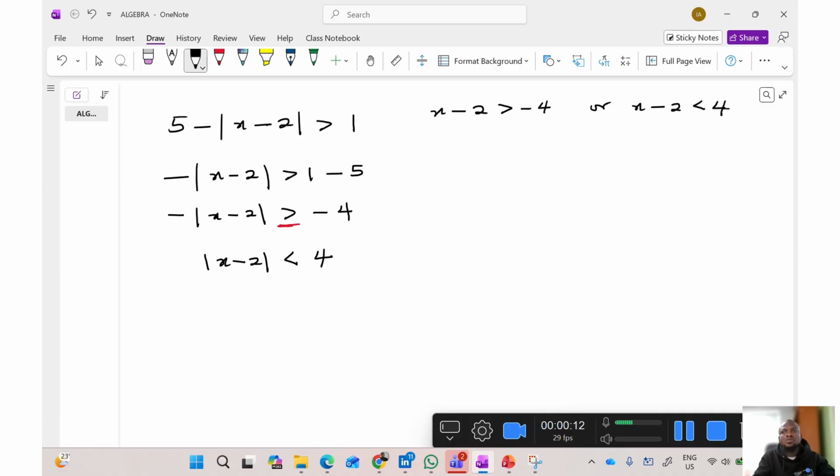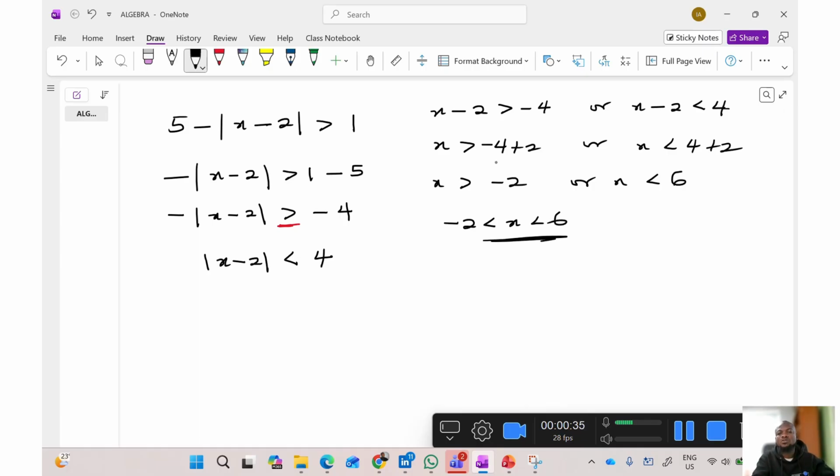From the previous rules I gave to you. So that implies that x is greater than minus 4 plus 2, or x is less than 4 plus 2. That means x is greater than minus 2, okay, or x is less than 6. So writing it together, this becomes minus 2 less than x less than 6. I hope this is well understood.